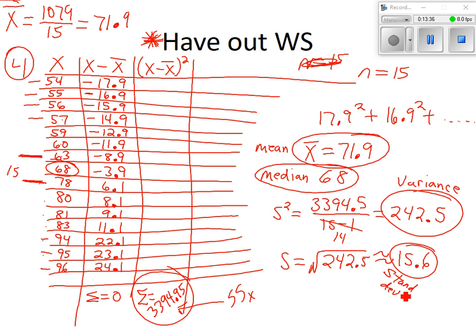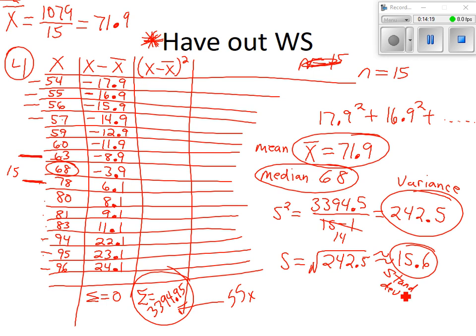Add another 15.6, that's 103.1. Add another 15.6, that'd be 118.7. Now subtract 15.6 from 71.9, that's 56.3. Subtract another 15.6, 40.7. And subtract another 15.6, 25.1.